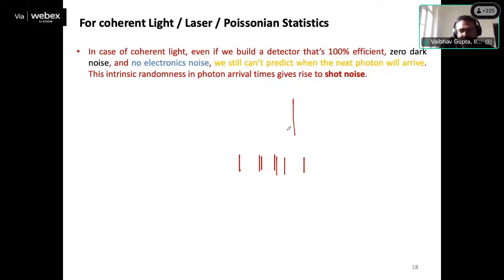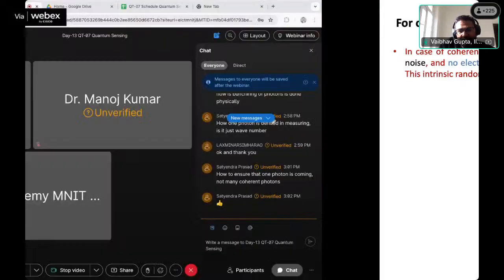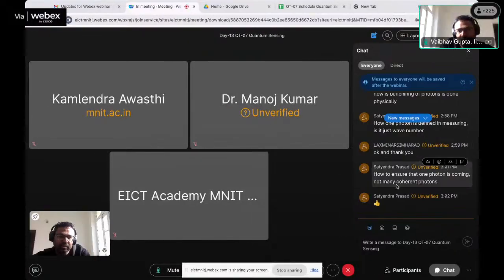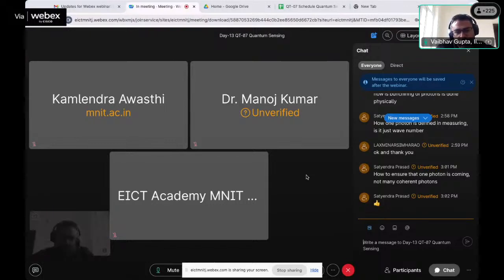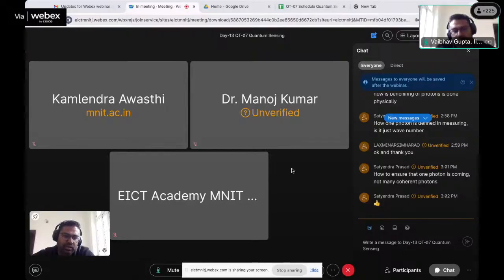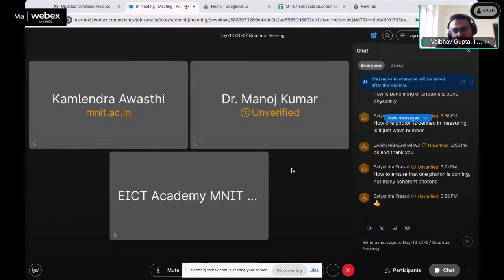When you do the G2 measurement, it will not look like this; it will be more like a straight line. It is actually more like statistics. If you understand statistics, you will see there are ways to find out what kind of light it is, whether coherent, sub-Poissonian, or Poissonian. Rather than the G2 function, you can also find the photon statistics, which can also tell you which kind of light source it is.